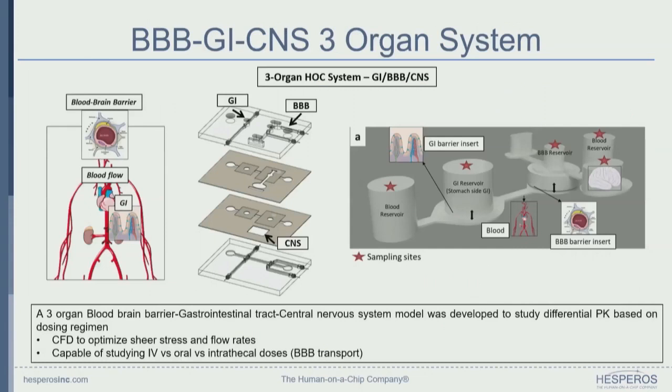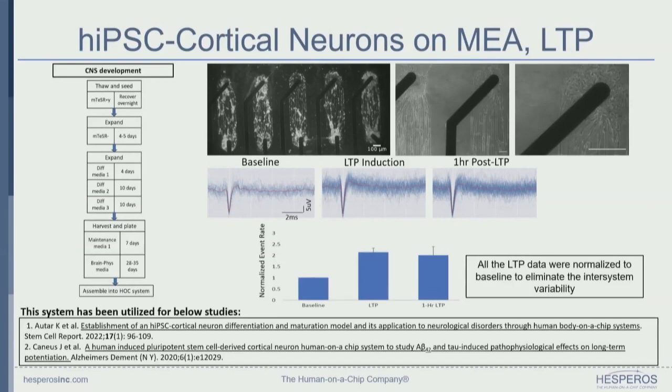For this project itself, what we wanted to do was look at a platform that recapitulated the barrier tissues primarily. So in this case, we were looking at the GI and the blood-brain barrier to see how it affects the CNS cells. This was primarily developed from the perspective of an Alzheimer's model.